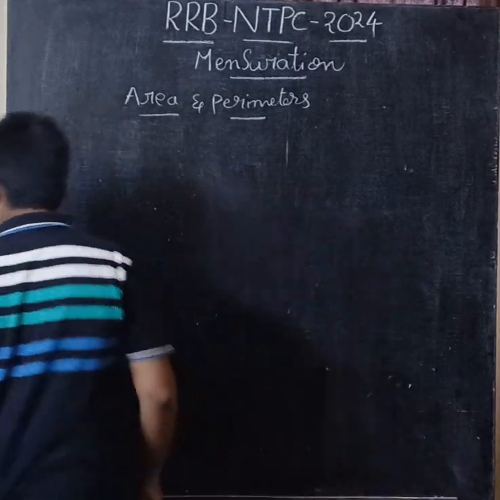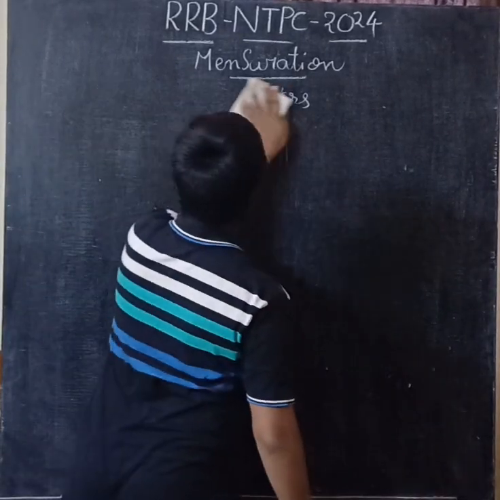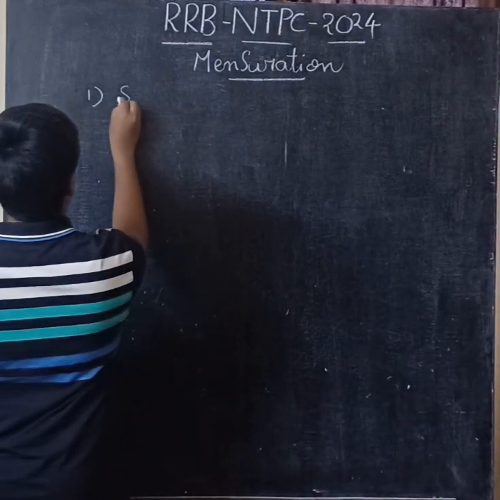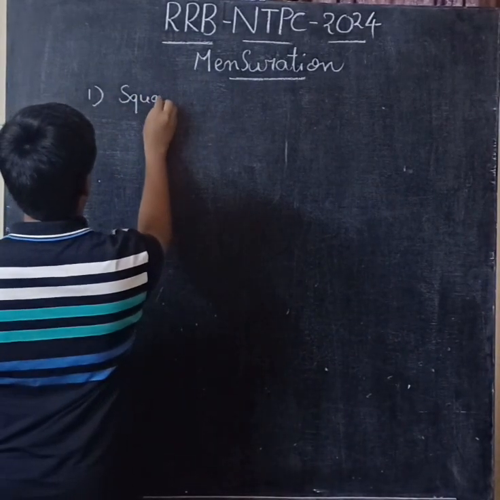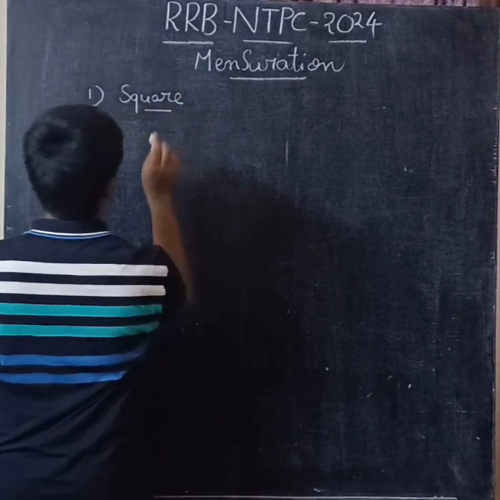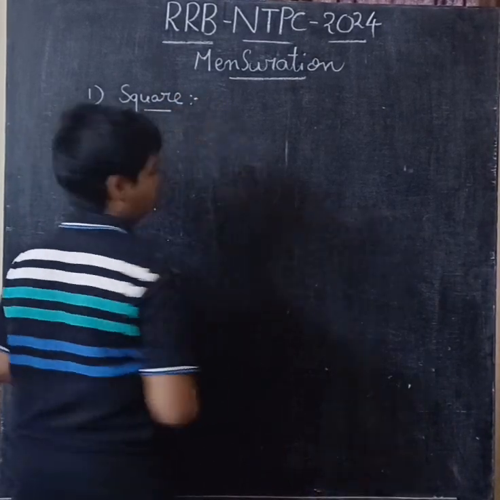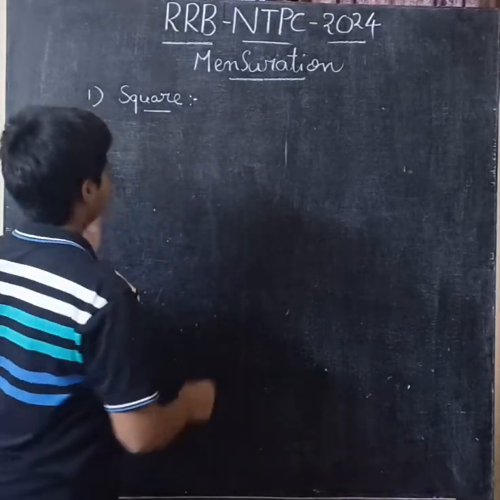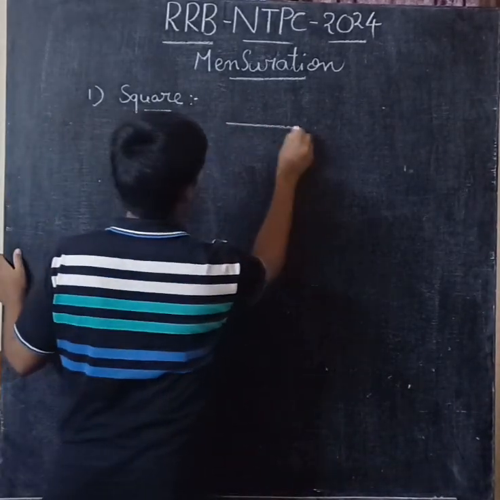Okay, so in this first one, square. So what is a square? It is a four-sided polygon like this.